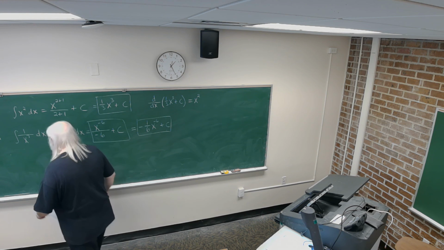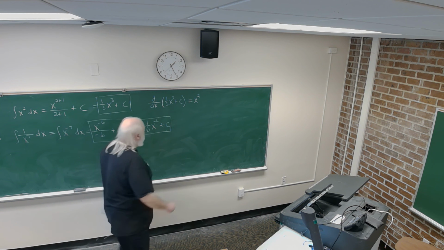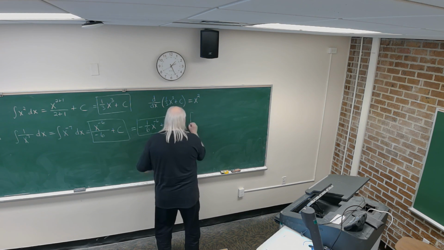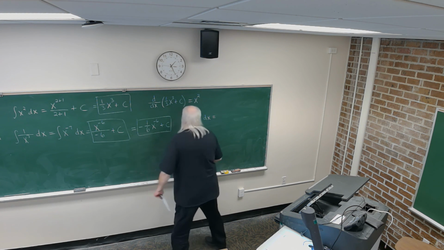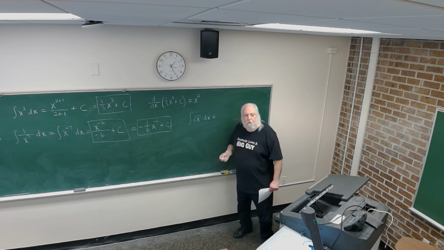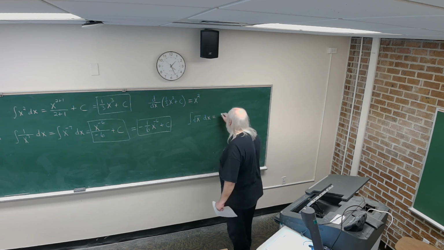Man, we're running out of time. So we have the antiderivative of the square root of x. Before we find this antiderivative, what do we have to do? Rewrite the integrand, right?